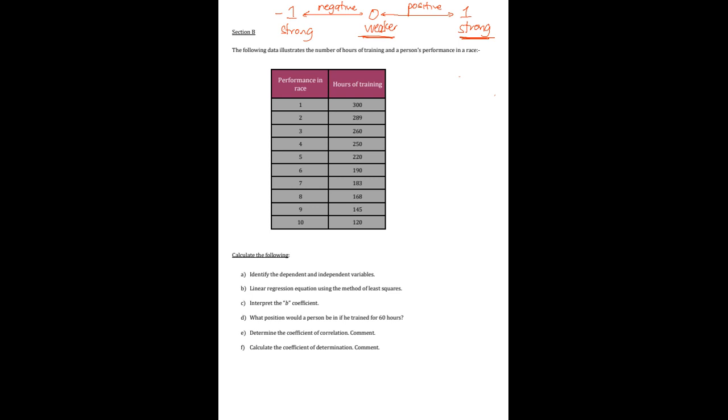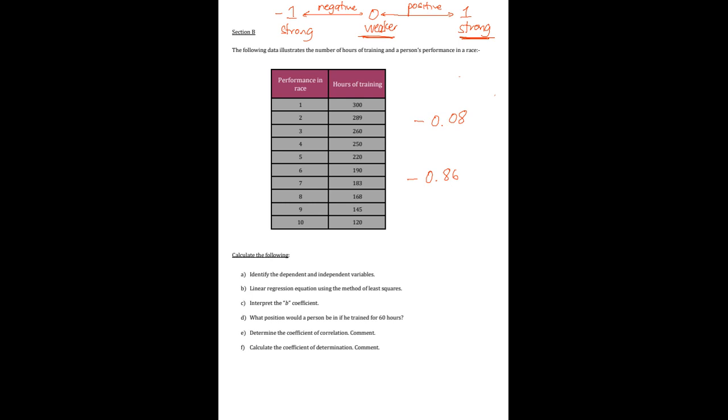So here, if it's negative and it's closer to 0, like for instance -0.08 is your answer, then it's a weak negative relationship. If it's closer to the number 1, so for instance -0.86, it's closer to -1, that would mean it's a strong negative relationship.